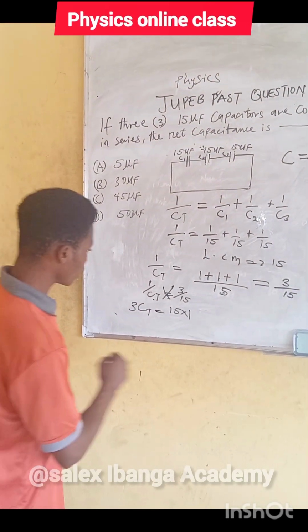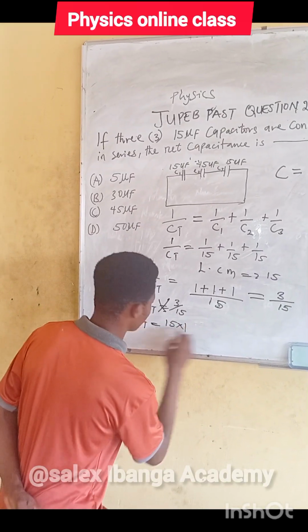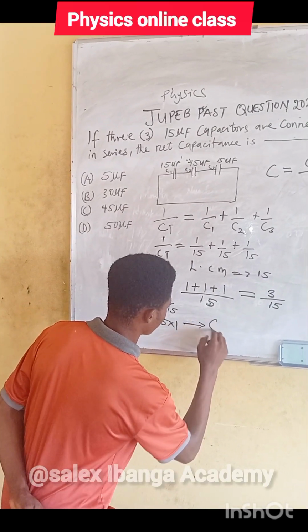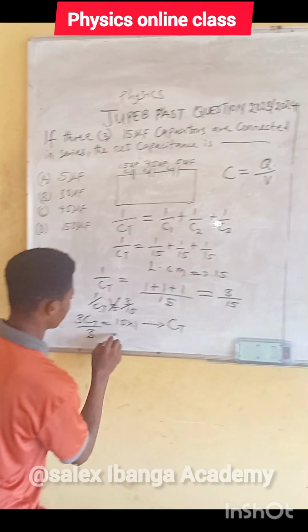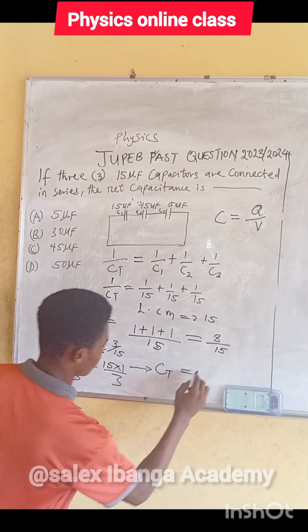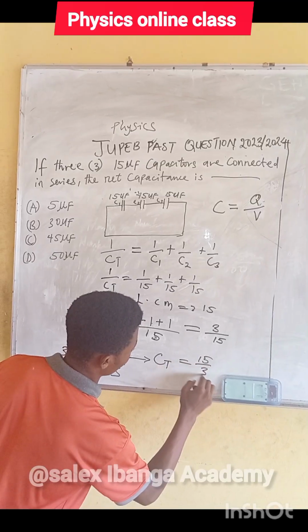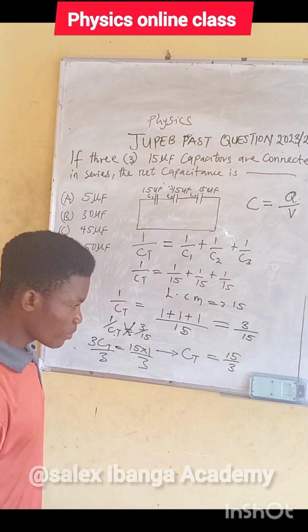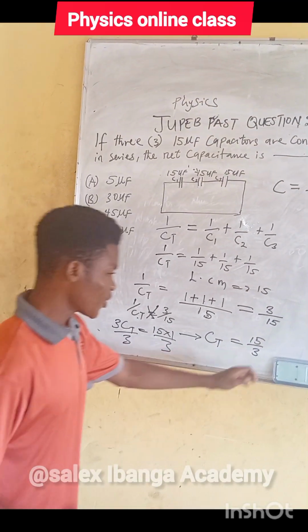So invariably, I can make CT the subject, and CT equals 15 over 3.